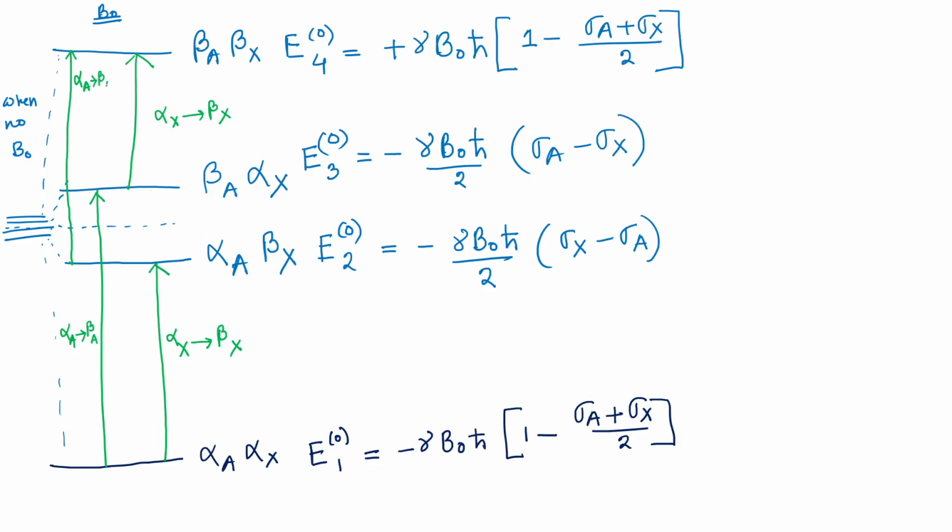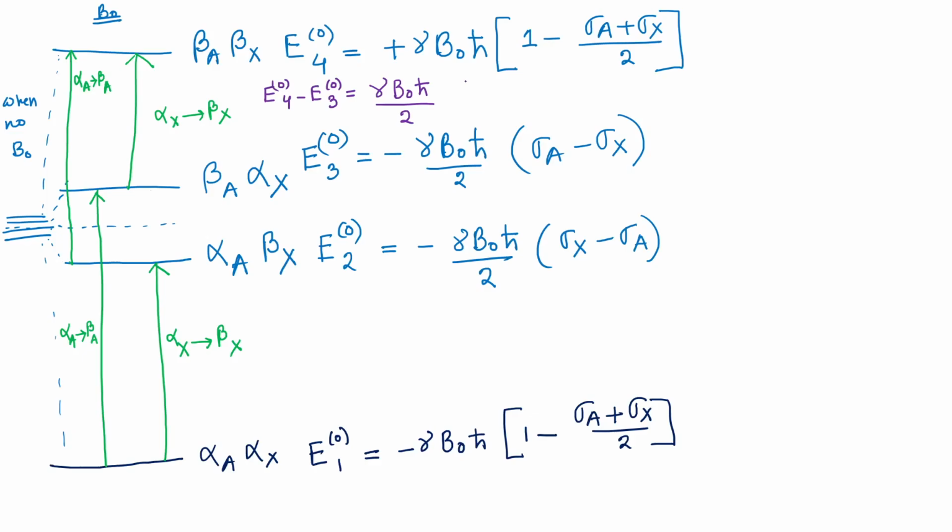Now if you think about the energy difference between E4 and E3, can we do that? Let me use another color. If we take a minus between these, let me take this thing as common.